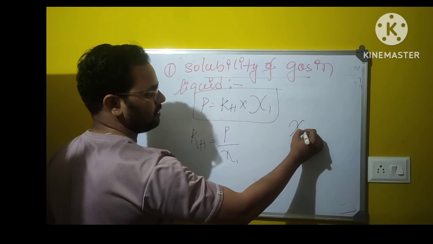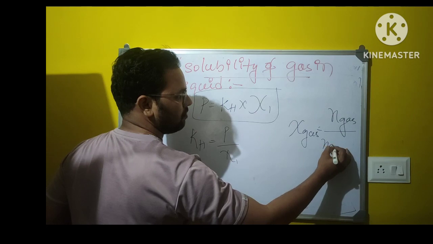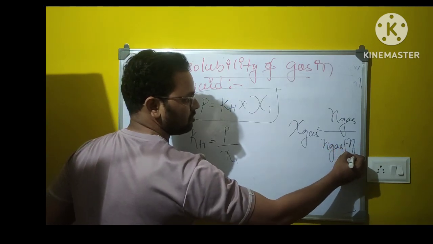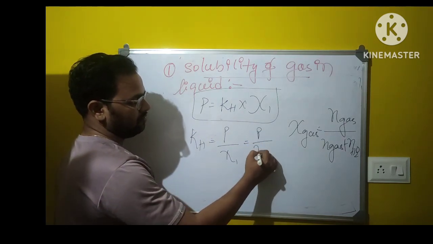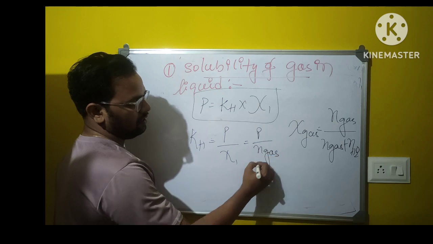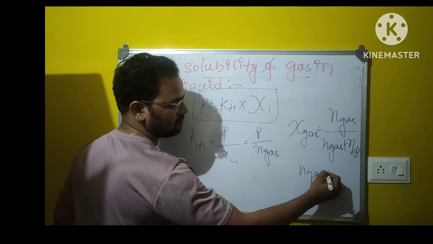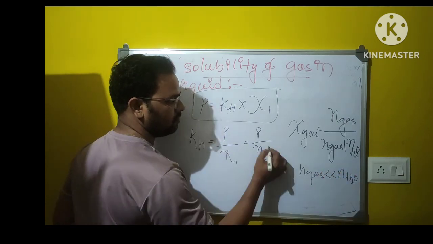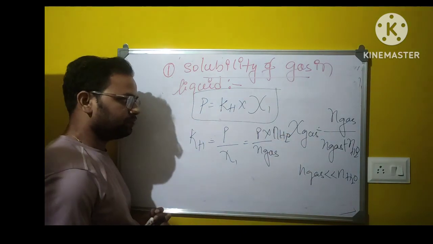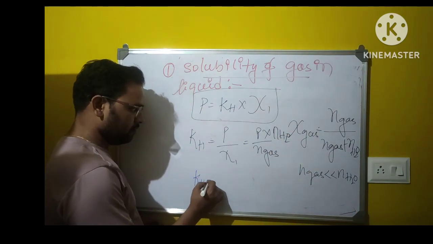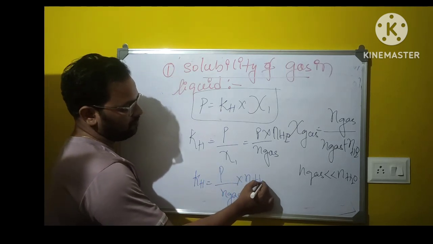The mole fraction of the gas is equal to the number of moles of gas divided by the sum of the number of moles of gas plus the number of moles of liquid or water. Since the number of moles of gas is much smaller than the number of moles of water, we ignore it. So kH is equal to pressure divided by number of moles of gas multiplied by number of moles of water.